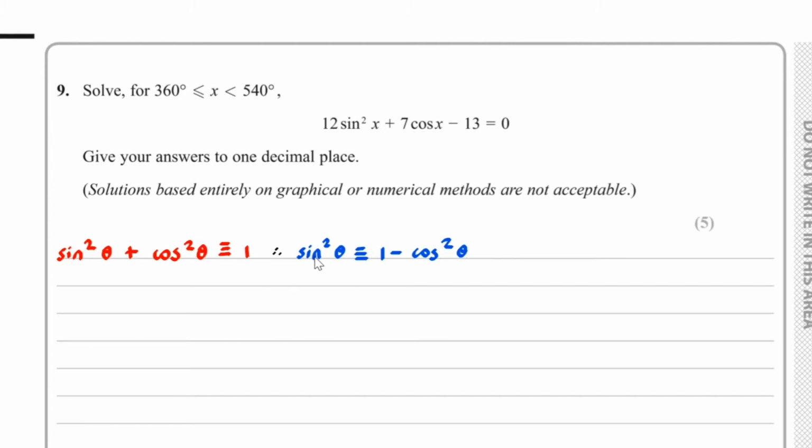And the reason I want to rearrange for sine squared is because if I replace this sine squared with 1 minus cos squared, I'd have an equation involving cosines only.